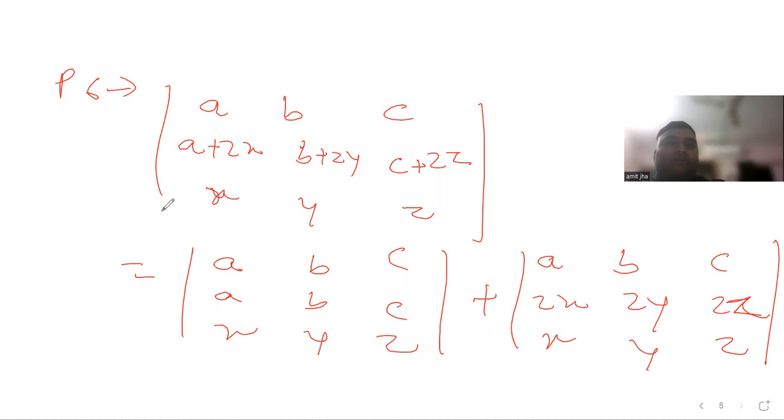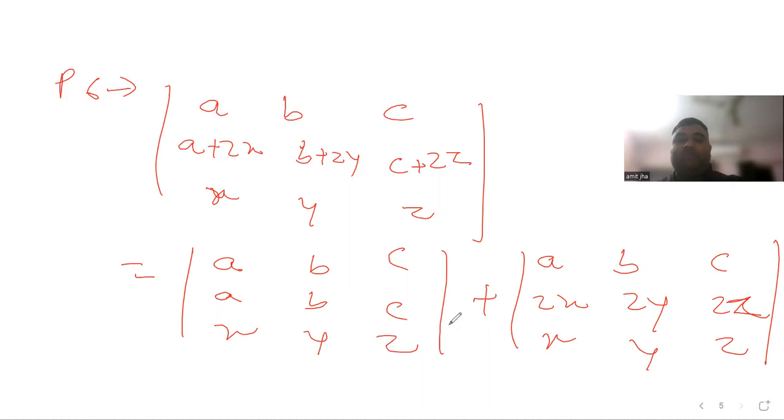If you add all these things, automatically you will get this determinant. That is what I'm trying to say. If you expand this and add, you will get the result. This is the sixth property, one of the important properties.